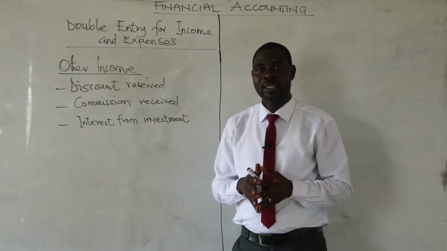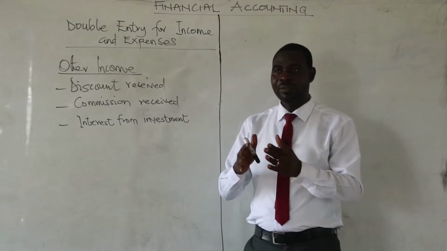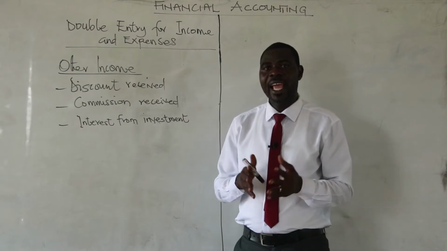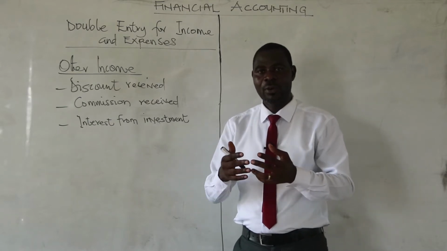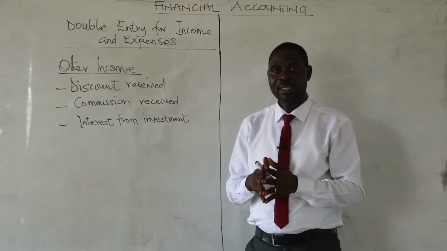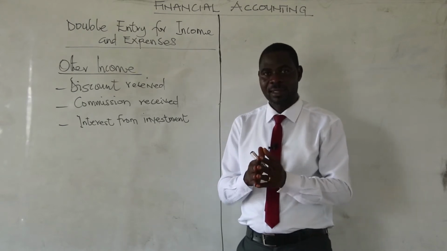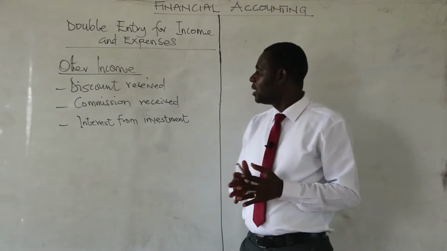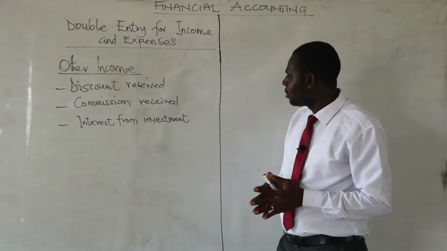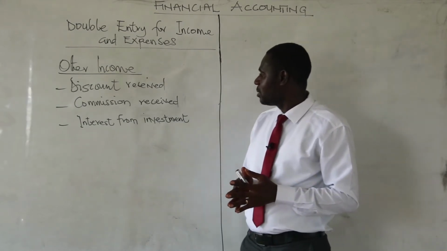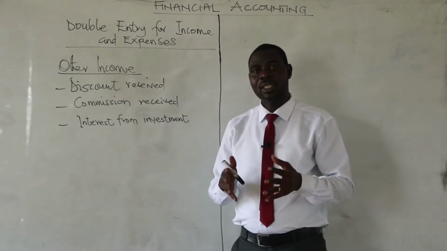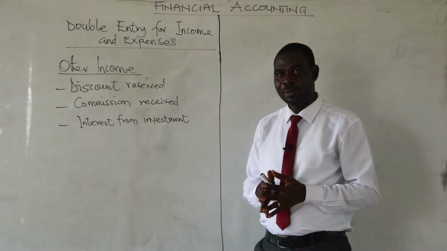A business organization may invest in another entity or may earn interest from the monies they have deposited at bank. So the monies in their bank account, they may earn interest on that. So we can refer to this as interest from investment.